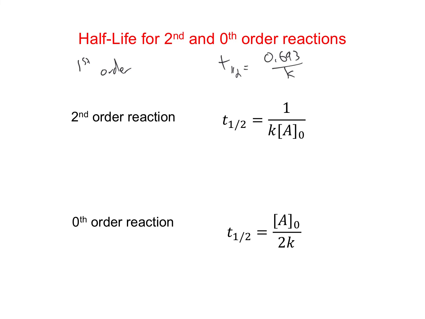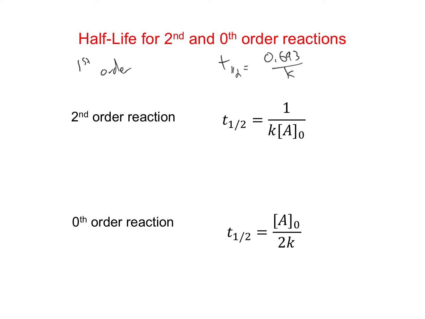So one important distinction between the half-lives of first-order, second-order, and zeroth-order reactions is that for second-order and zeroth-order reactions, the half-life depends on the initial concentration. So in some sense, the half-life isn't a constant. We have to factor in how much of the initial material that we're starting with. For a first-order reaction, however, you notice A0 does not appear in that expression.